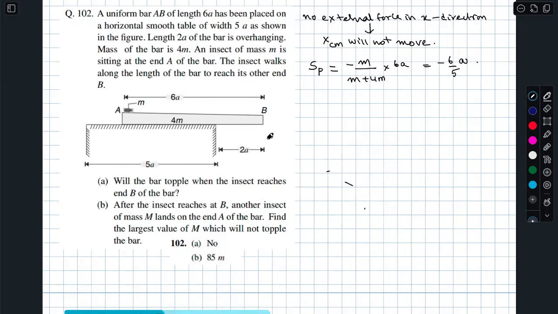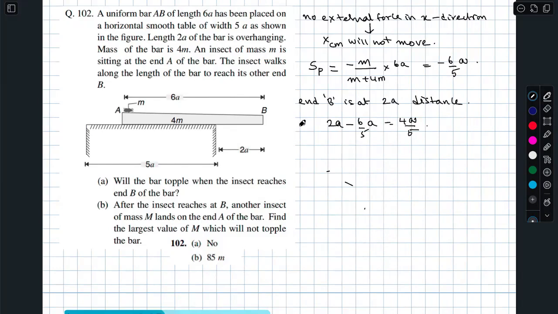Initially end B is at 2A distance. Now it has shifted 6 by 5 A leftwards. Correct or not? So 2A minus 6A by 5 is 4A by 5.